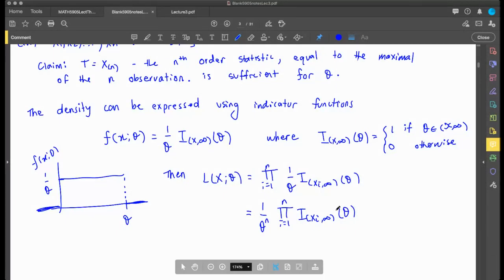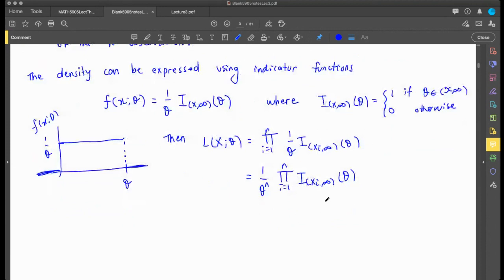Okay. Now this is a product. If there's a 0 in this product, the whole thing is 0. So it's only going to be 1 if all of them are 1. Okay, they all have to take the value 1, otherwise this guy is just 0. And when are they all going to take 1? Well, we need theta to be bigger than xi. So theta has to be bigger than x1, bigger than x2, bigger than x3, all the way up to xn.